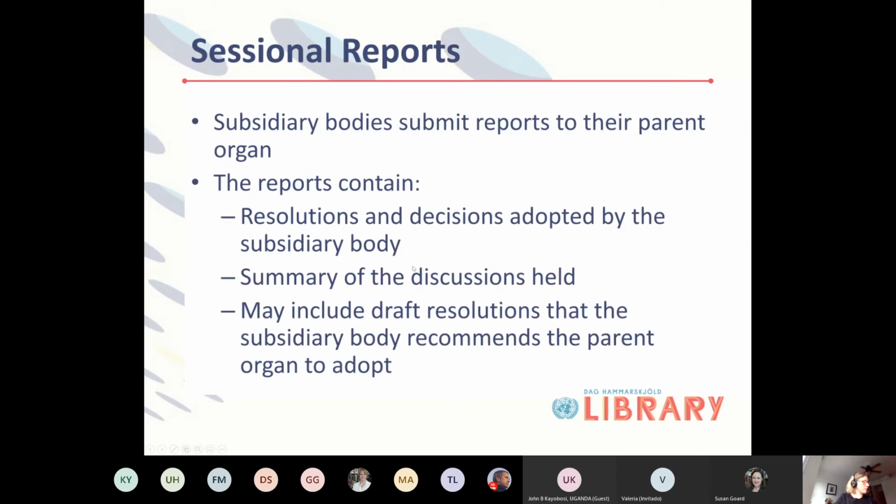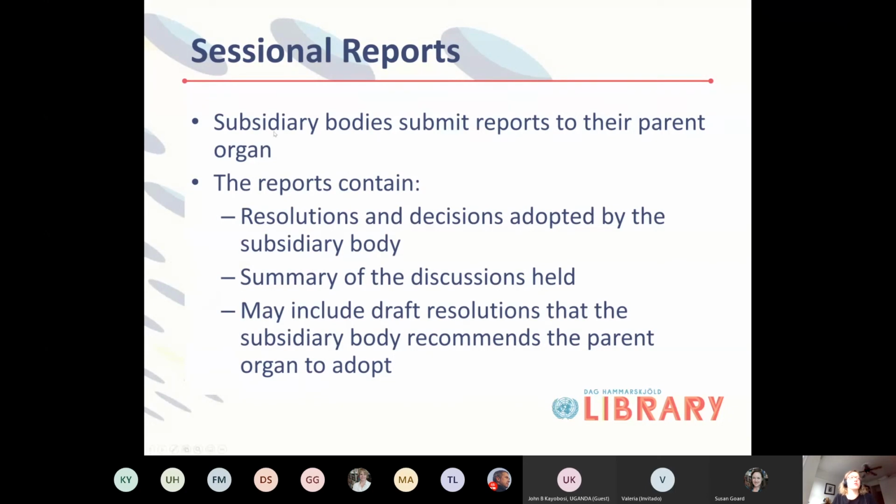I've already briefly mentioned the sessional reports of the subsidiary bodies. That's a place to look if you're looking for resolutions adopted by subsidiary bodies, because they submit their reports to their parent organ.